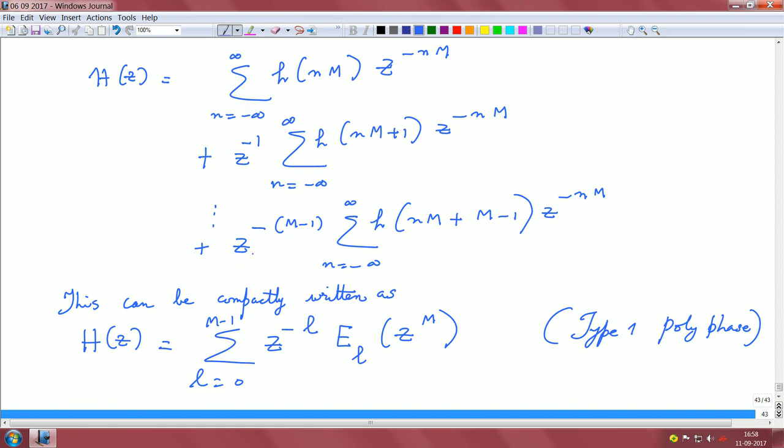Basically we are folding the delay also, and then this is a unit delay followed by some filter, and so on, with an M minus 1 delay followed with this filter.